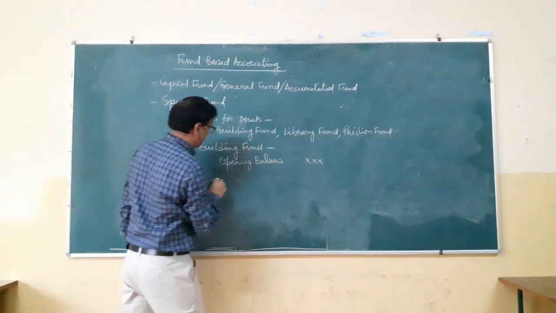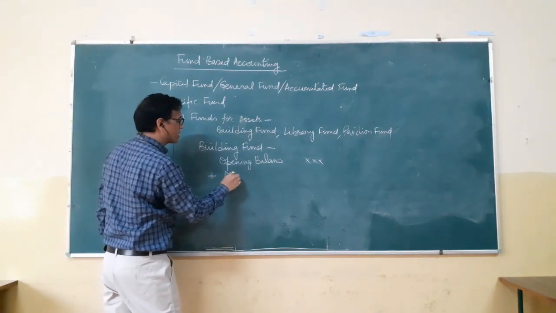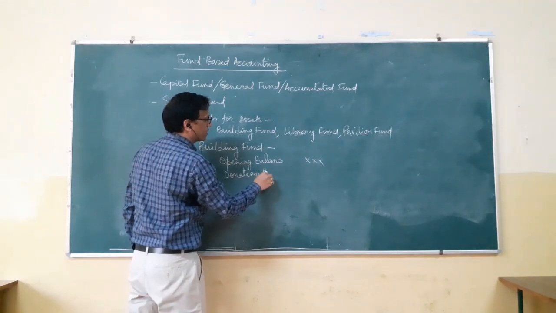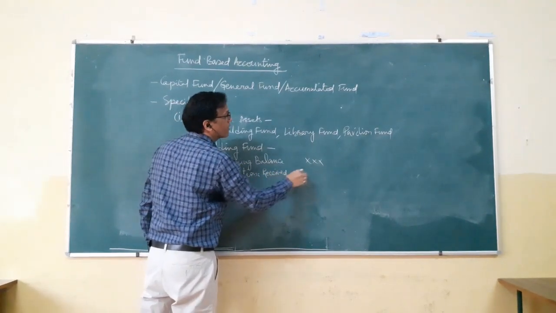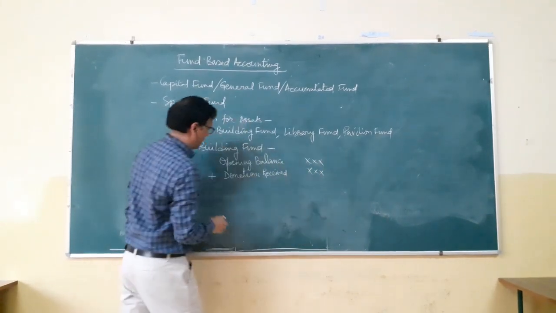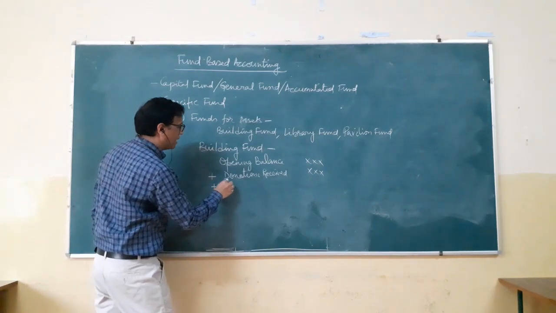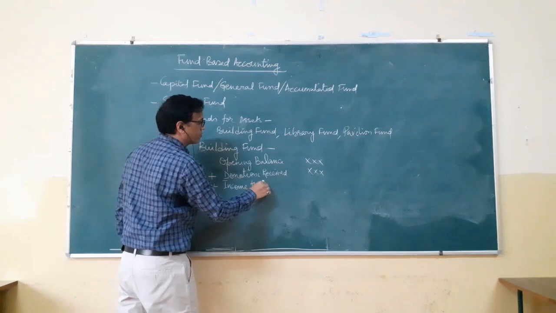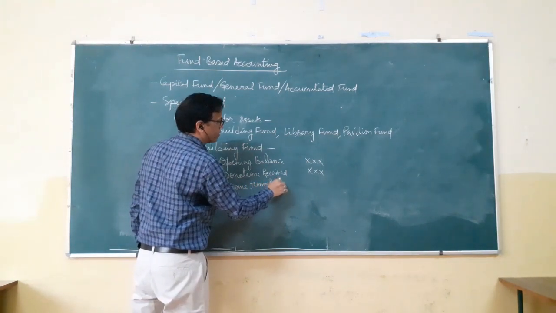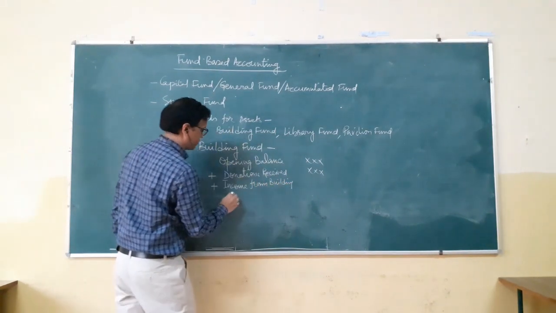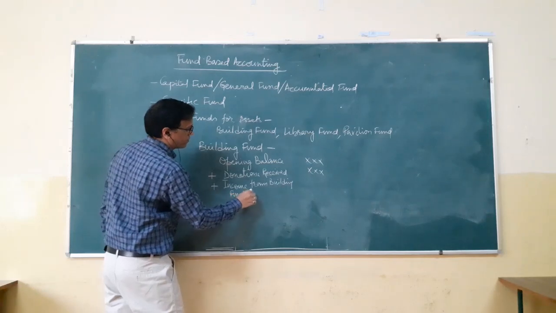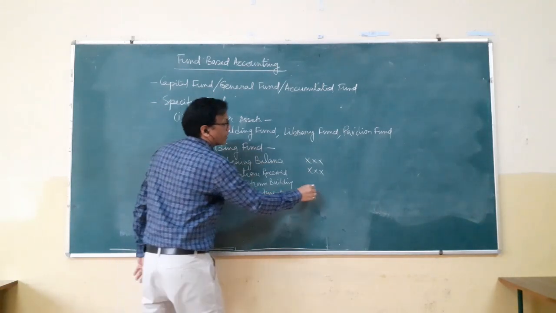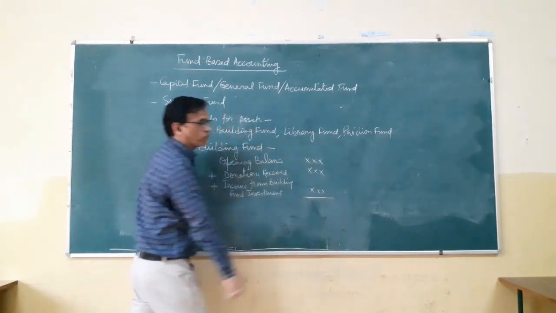Then we add the donations received during the year for this building fund, and we add any income from this building fund investment. Now we have the total amount of fund.